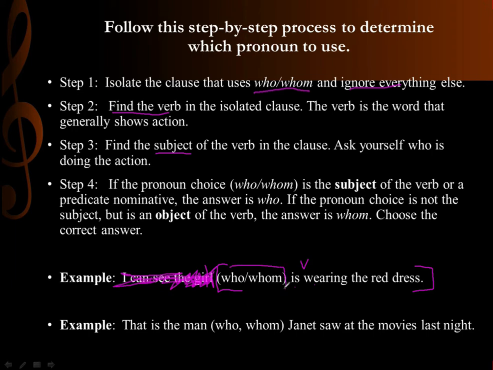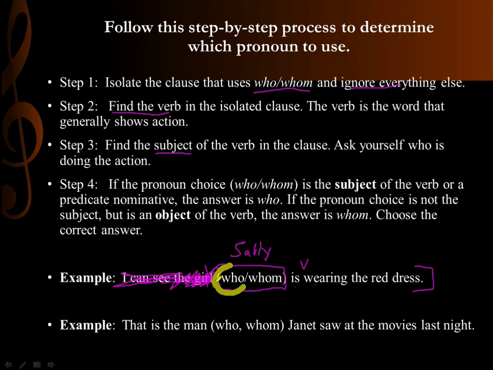So the only thing that we have left is this. The pronoun, whichever one it's going to be, is the subject. If I had put Sally right there, would you have a problem saying that's the subject? Nope. And so the pronoun is the subject. Now, remember what we just learned. If it's the subject, you pick who. And if it's an object, it would be whom.